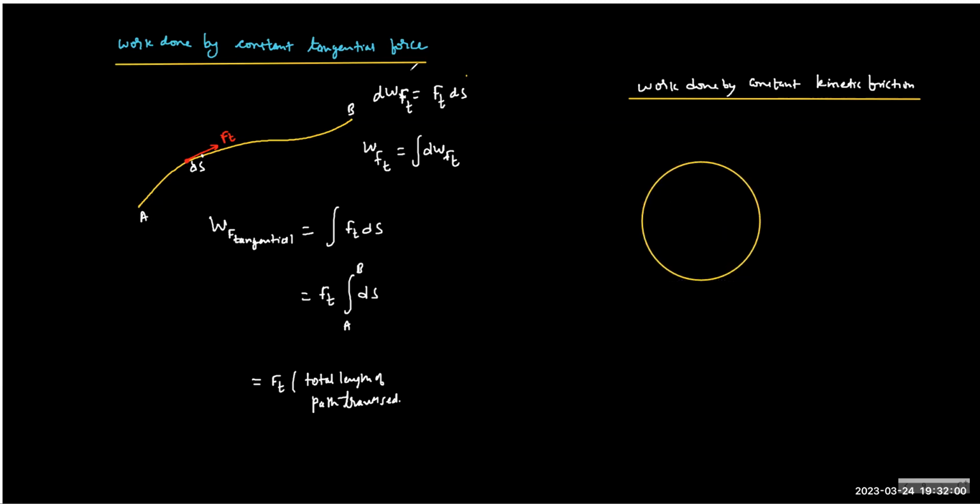So you have a circular path of radius r, and a block is taken around the circle, and it is a horizontal circle. What you're looking at is the top view so that you can see it clearly.